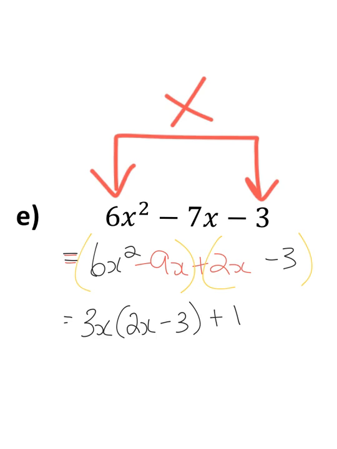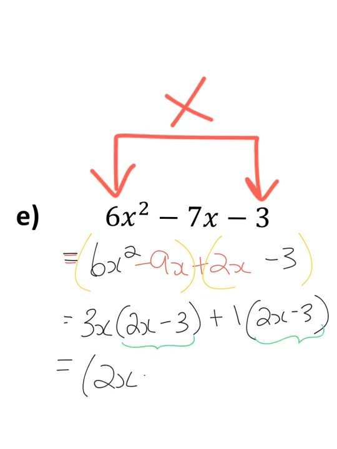If you can't find anything else other than a 1, make sure you write down plus 1. And then we're left with 2x minus 3, so no change there. My common bracket, I can see, is right here, and I'm going to bring that out front. 2x minus 3, and my leftovers in the middle. Oops, of course, I mess up on the last one. My leftovers in the middle, so 3x plus 1.